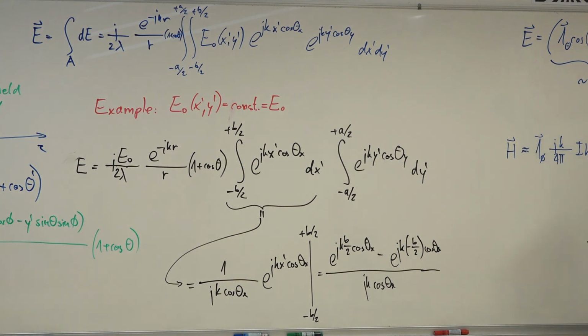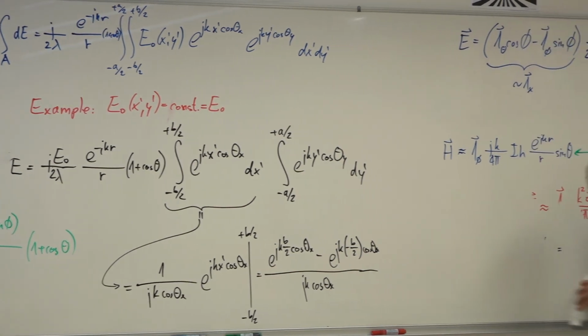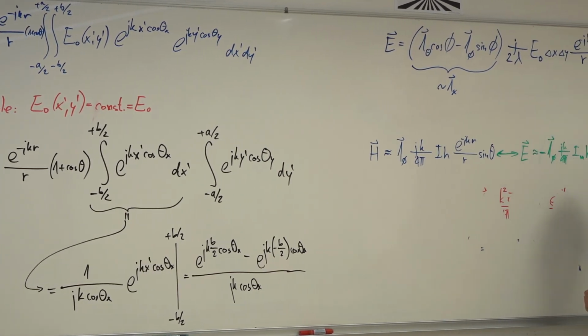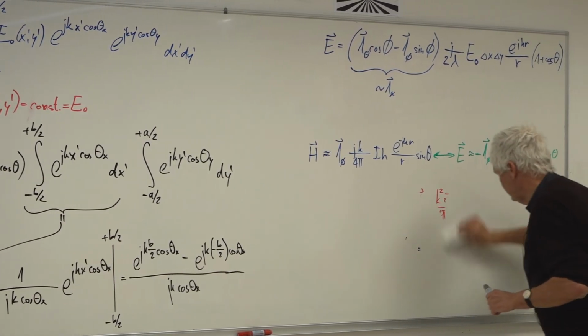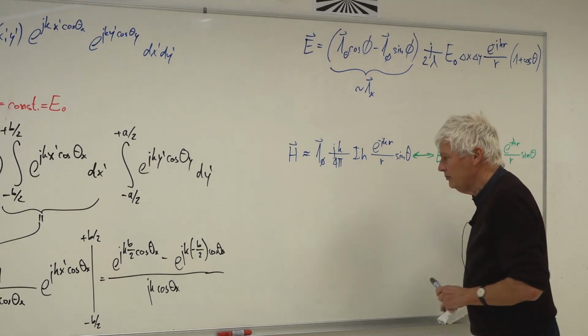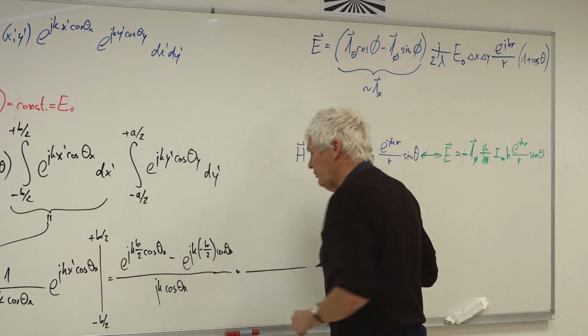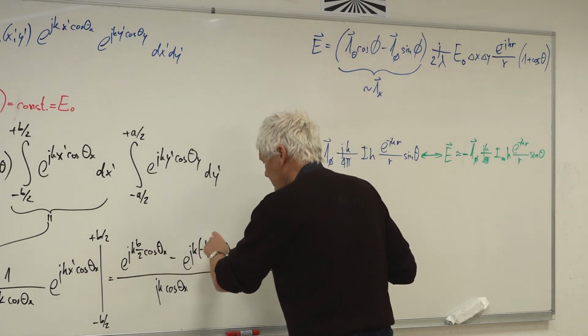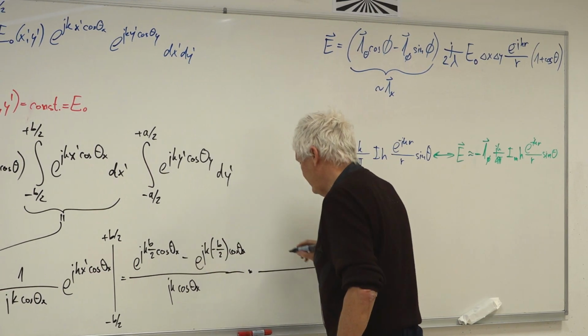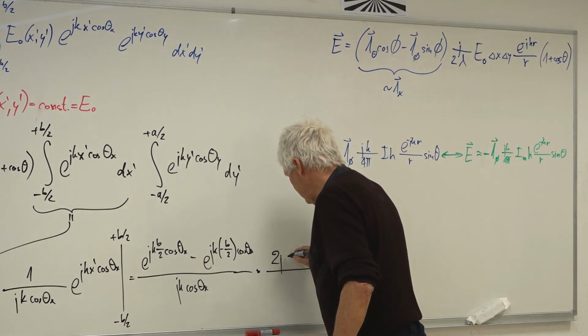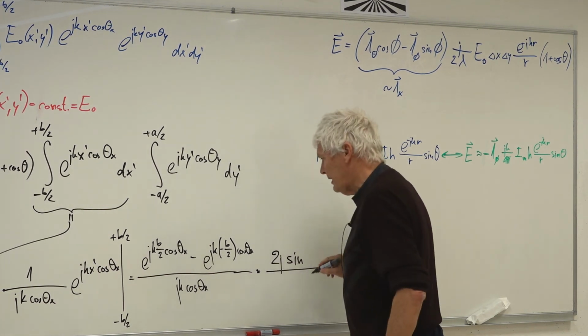Okay? I can make some space here on the board to integrate this. The difference of two exponent functions with opposite arguments is 2j sine of the same argument.